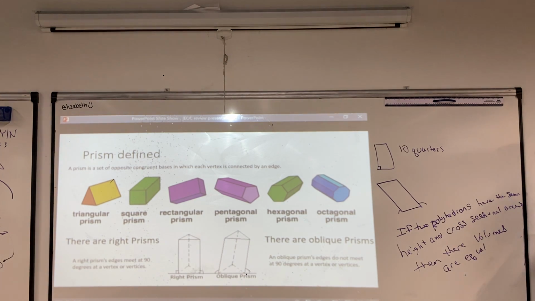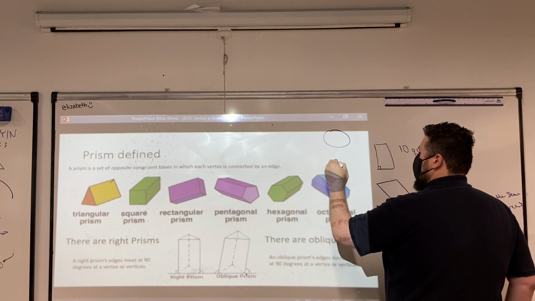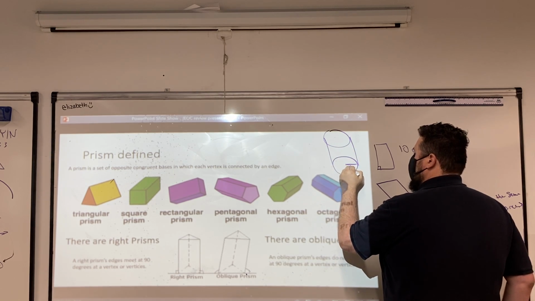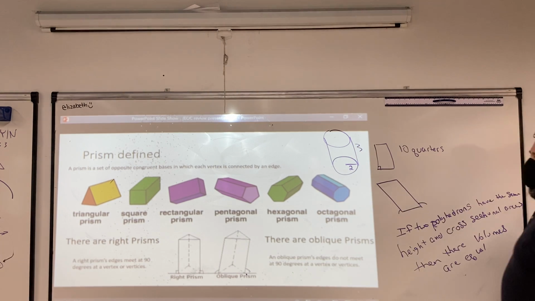If two three-dimensional objects have the exact same area for their base and the same height, then their volume is equal. Cross-sectional area means if I have a cylinder, radius 2, height 3, I can find its volume.